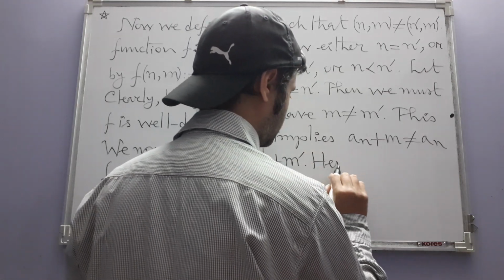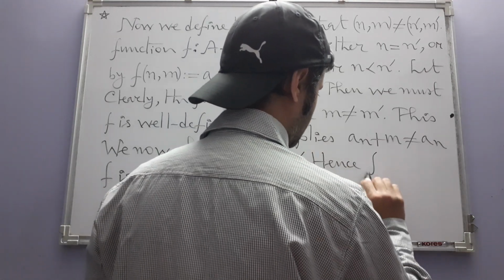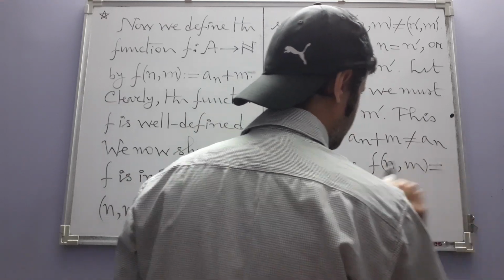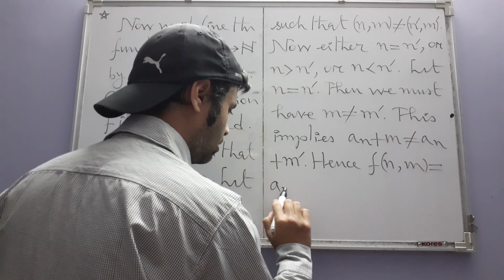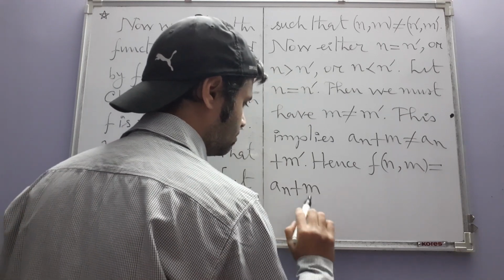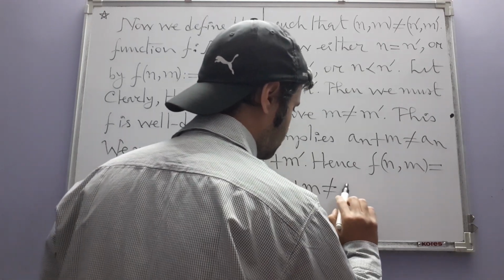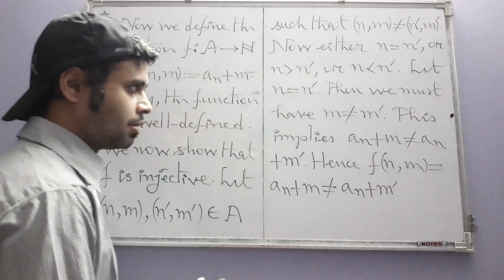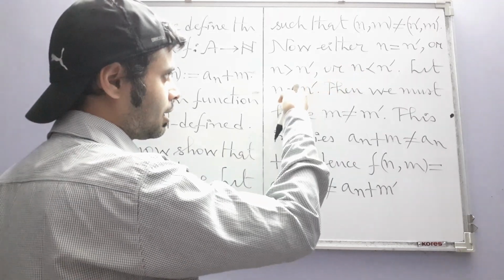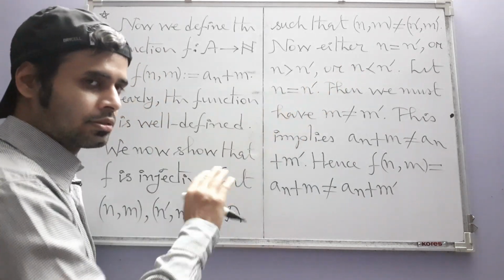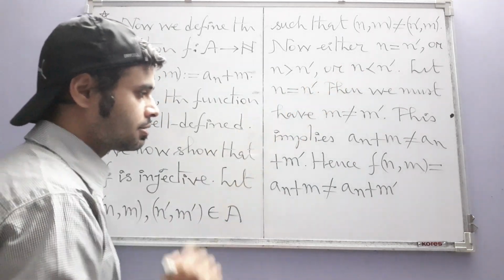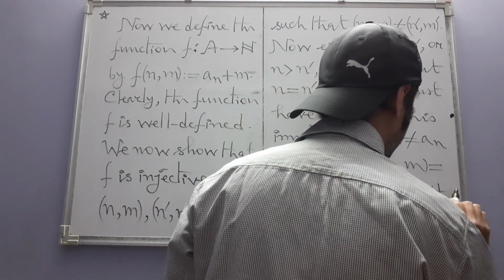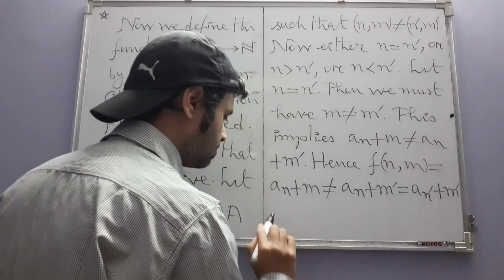Hence f of n comma m, which is an plus m, is not equal to an plus m prime. But because n and n prime are equal, we are in this case, so this is just an prime plus m prime.